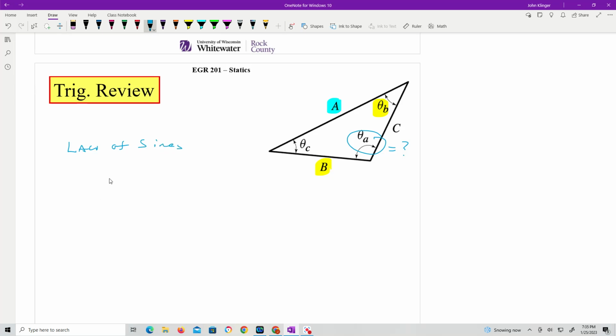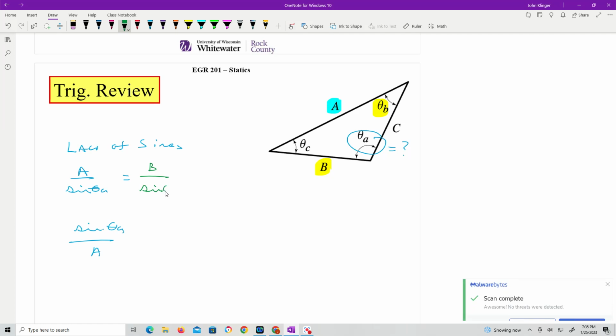The law of sines is just a basic ratio. You can write it either as A over the sine of theta A, or as the sine of theta A over A, is equal to B over sine theta B.